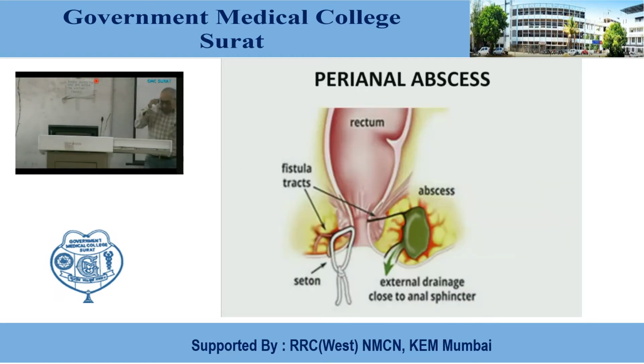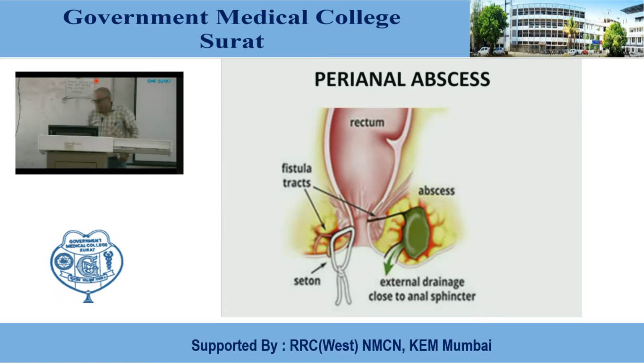Now, second is the perianal abscess. As the name indicates, that is an abscess in the region surrounding the anus and anal canal. Here, as I told, this ischiorectal fossa is largely filled up by fat, and this region is poor in blood supply. So if any infection in this region is there, that may lead to an abscess.